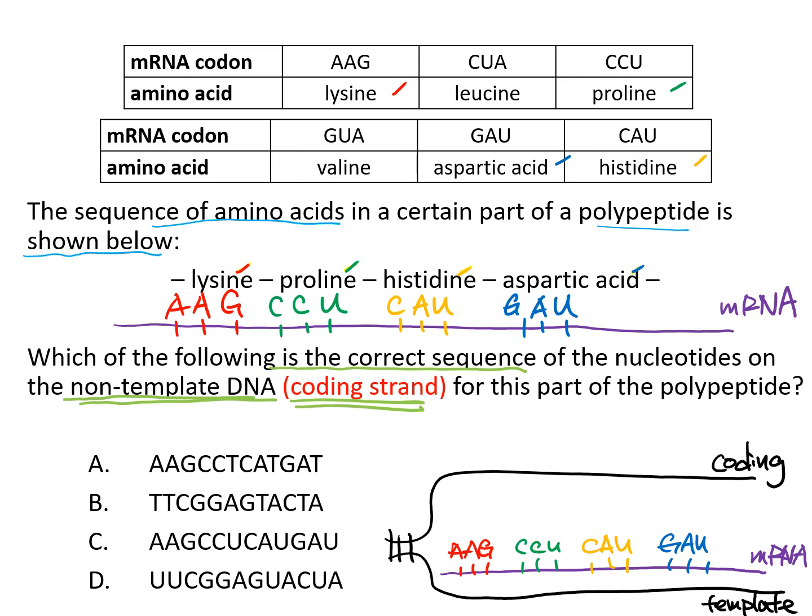What do you know about the mRNA and the coding strand? The mRNA and coding strand are exactly the same, except the base U in the mRNA should be changed to base T in the coding strand. So when you change it to a coding strand, what is the coding for the coding strand?